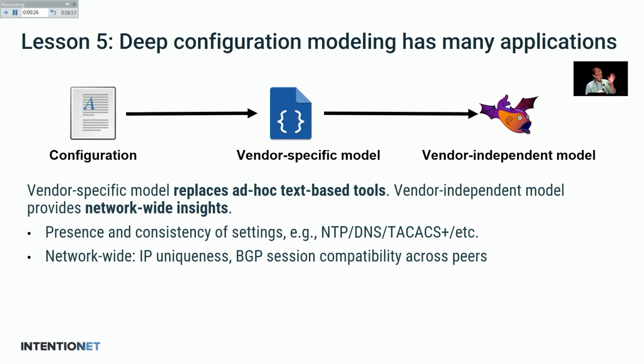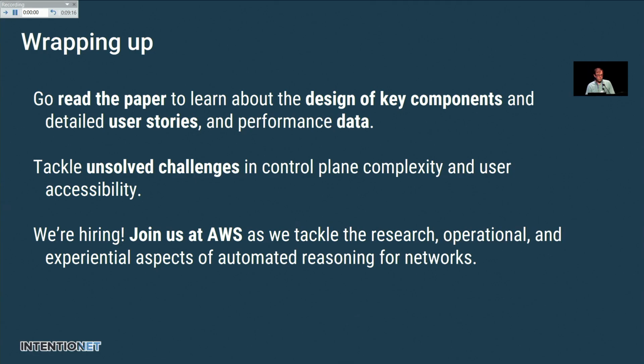That first step lets companies throw out entire classes of tools they've built that just look for regexes in config to make sure that SSH configuration is there, and found a ton of bugs. That second stage has been a one-stop shop for network inventory. Without logging into boxes, you can make sure that everyone has different IP addresses, or BGP sessions will come up.